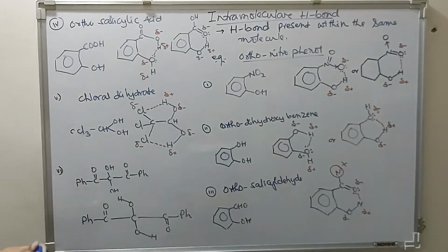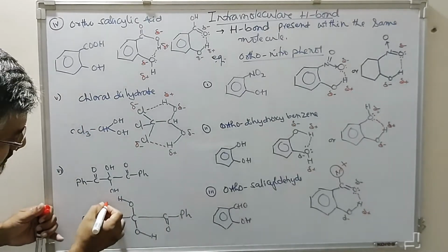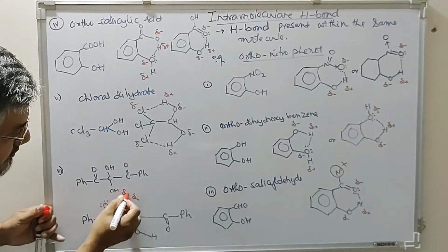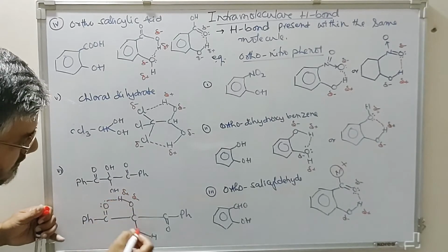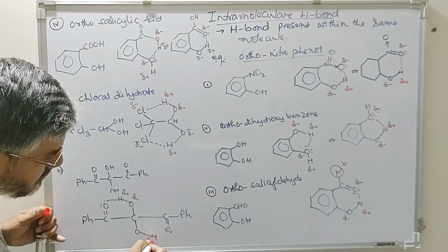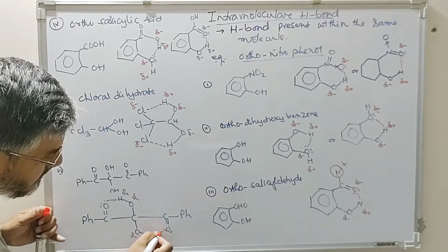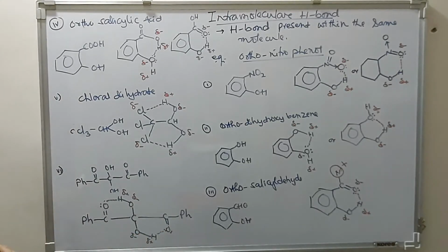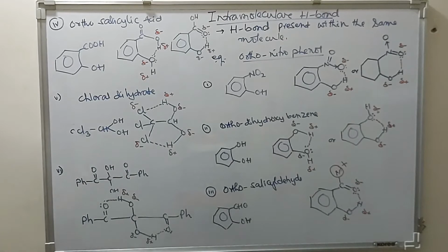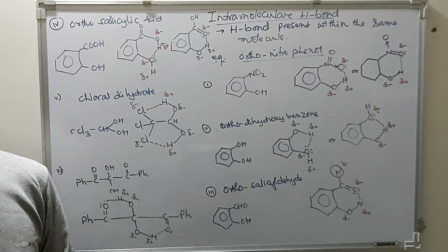So we have this: negative, positive, hydrogen bonding. This has a lone pair of electrons, this is positively polarized, this negatively polarized. We have this hydrogen bond. So this is how an intramolecular hydrogen bond is formed. Within the same molecule, all three conditions required for the formation of hydrogen bond are present, and this forms an intramolecular hydrogen bond.